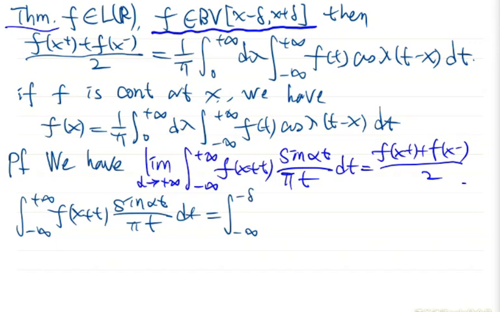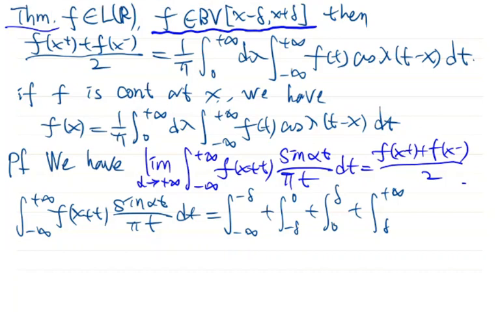The delta is the positive number mentioned in the theorem, that is the radius of the interval over x where f is of bounded variation. That is our delta. So plus minus delta to 0, plus 0 to delta, then plus delta to positive infinity.